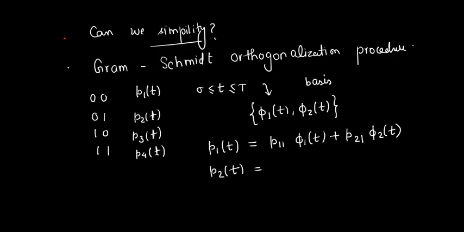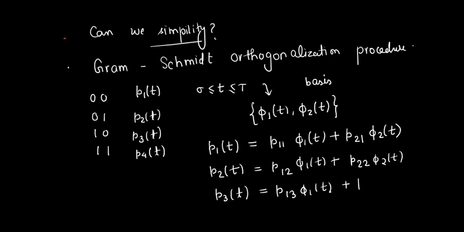So, what I am saying is, for example, phi1, phi2 exist such that you can write P2(t) is P12 phi1(t) plus P22 phi2(t). P3(t) is equal to P13 phi1(t) plus P23 phi2(t). P4(t) is P14 phi1(t) plus P24 phi2(t).